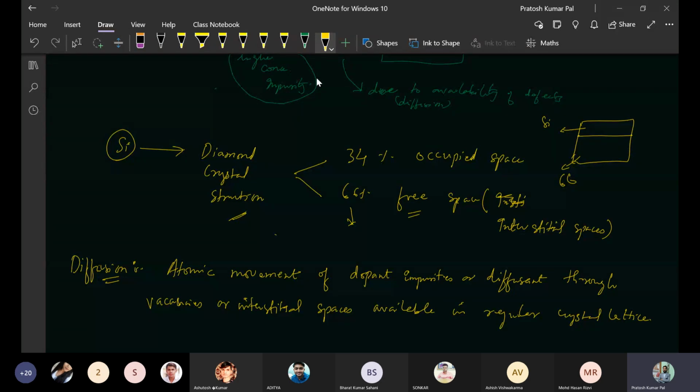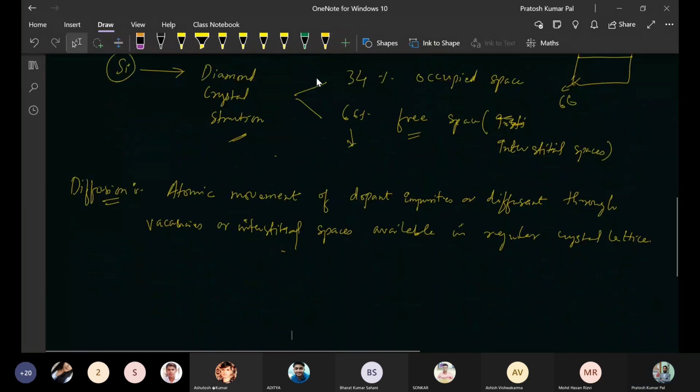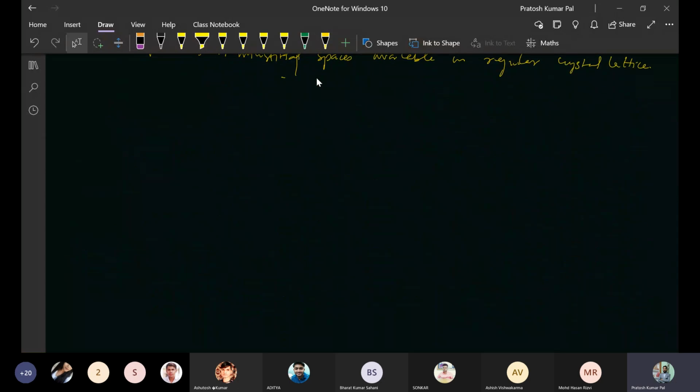Basically, diffusion is defined with respect to the different types of impurities available in the crystal.